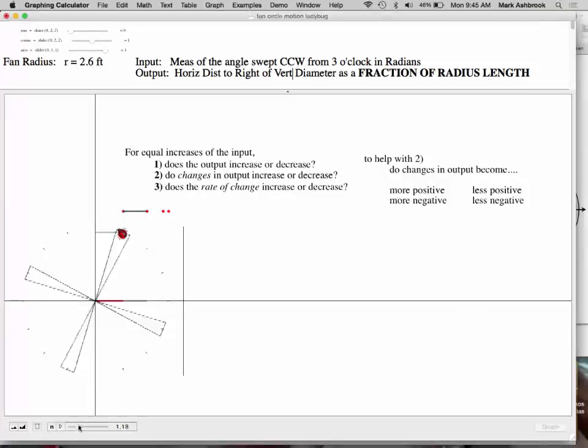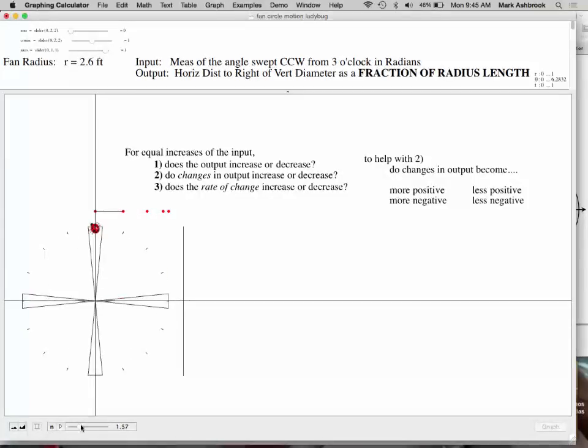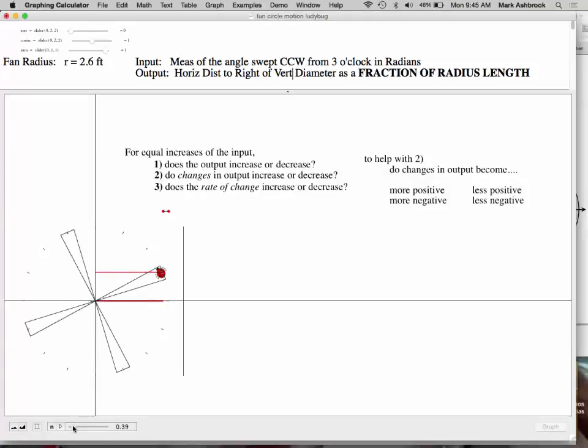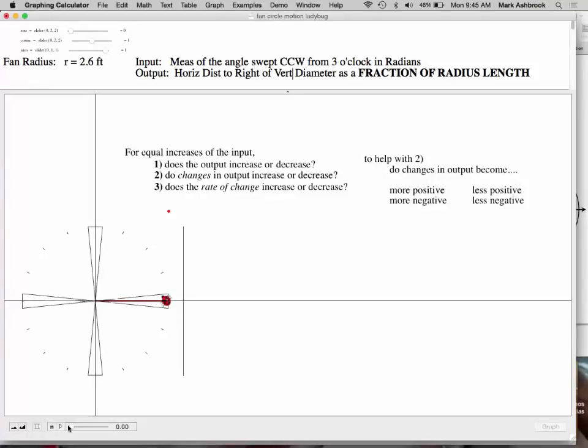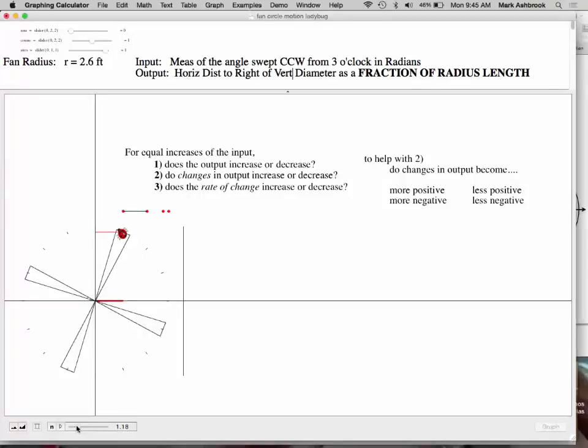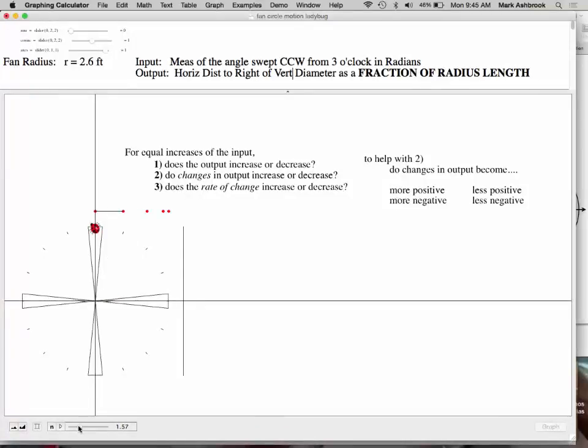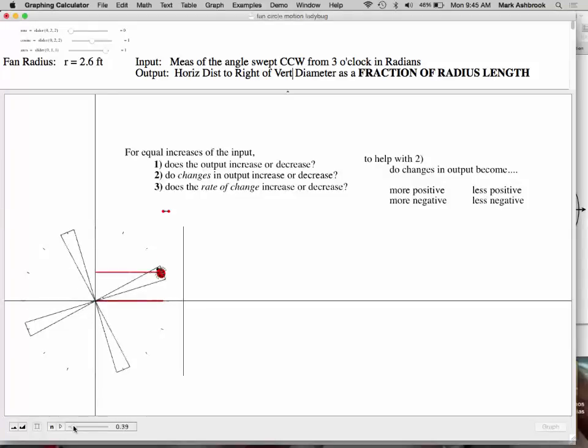Okay, so the output, just the horizontal distance itself, is that increasing or decreasing, and from what to what? Decreasing from 1 to 0. Do you see that? The horizontal distance now starts not at 0 but at 1, and that's going to decrease from 1 to 0. So if it's decreasing, then are the changes positive or negative? A couple of people are saying negative.